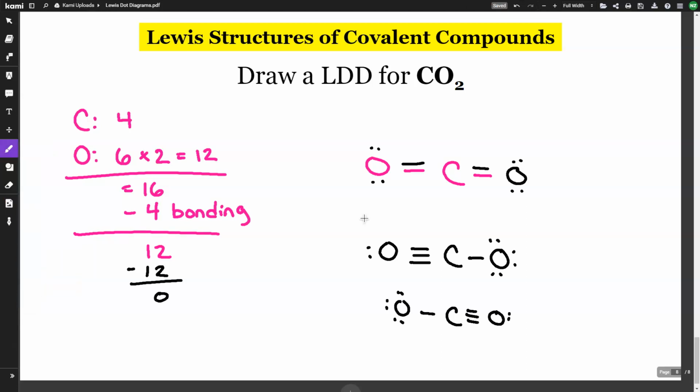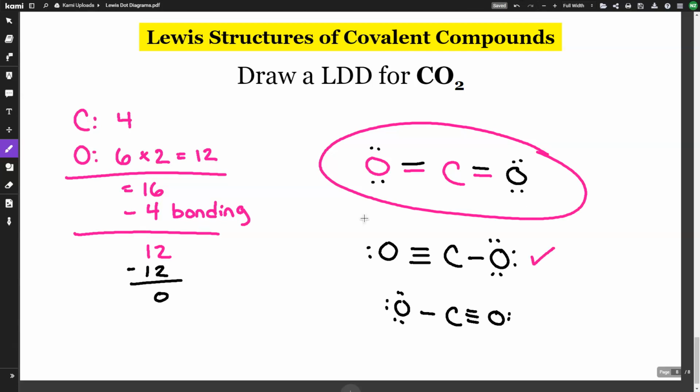These are not the same structure, obviously. They are all technically correct. We've satisfied the octet. There is a way to determine which one is the most correct, but that is outside the scope of this lesson. So technically, this one here is the most correct.